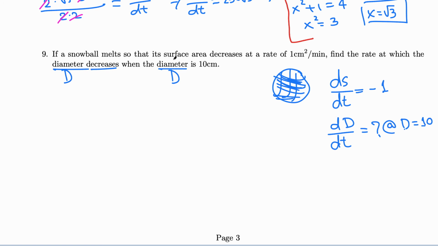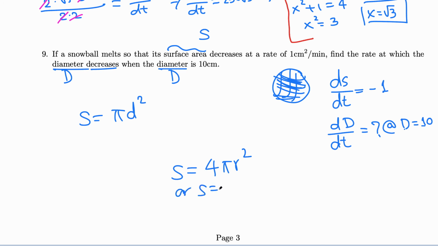So we need to write down the surface area in terms of diameter, and that's pi D squared. By the way, this formula will be provided a lot of times. So surface area is 4 pi r squared or pi D squared, because the diameter is 2 times r.